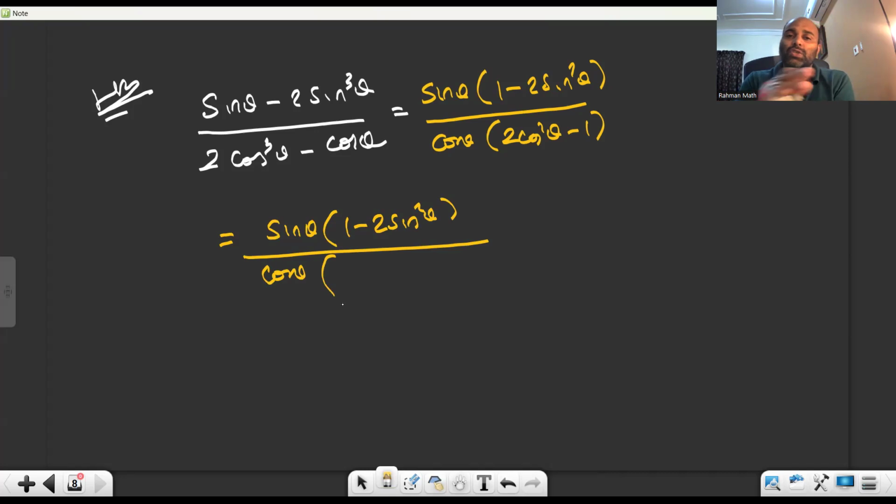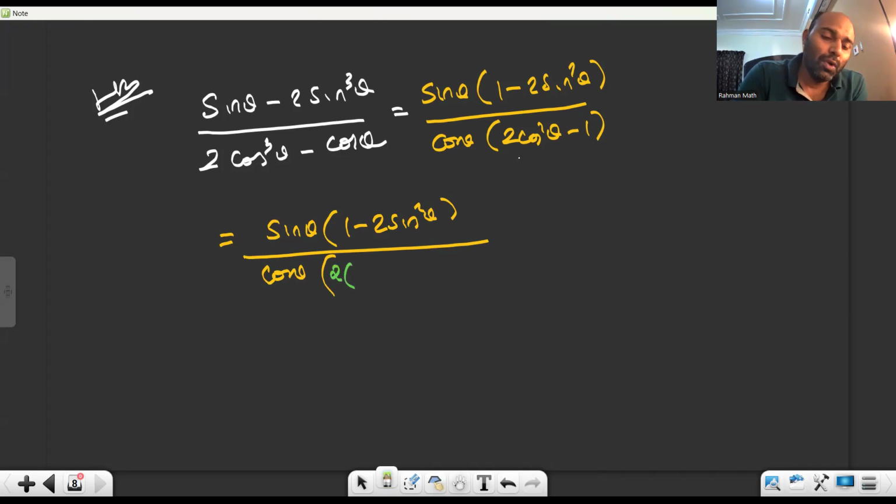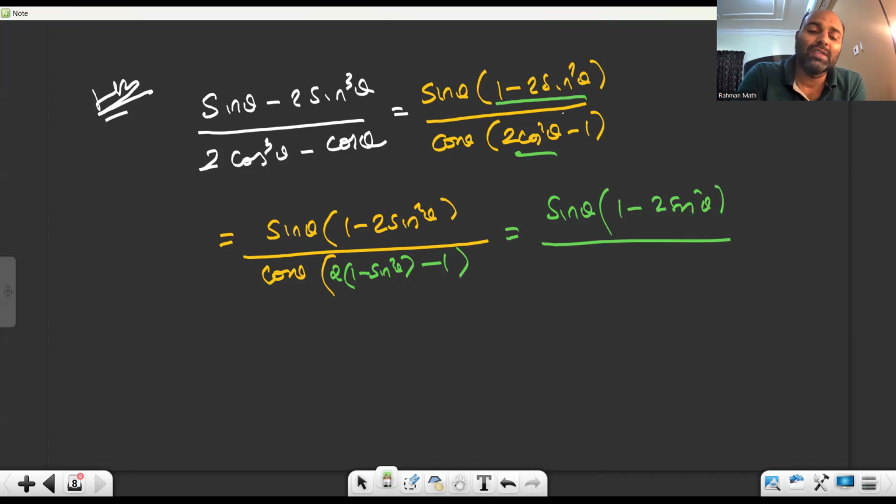Denominator or numerator is your choice. Listen carefully. Now don't write it. 2 into, what is cos square theta? 1 minus sin square theta, then minus 1. So the numerator I didn't change. Actually it is an 11th standard result.